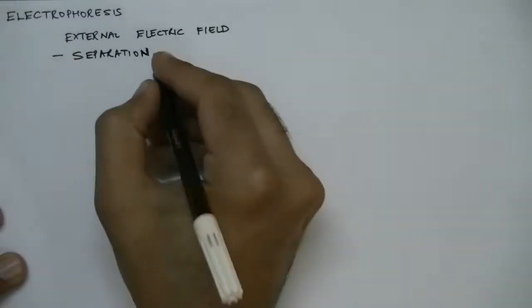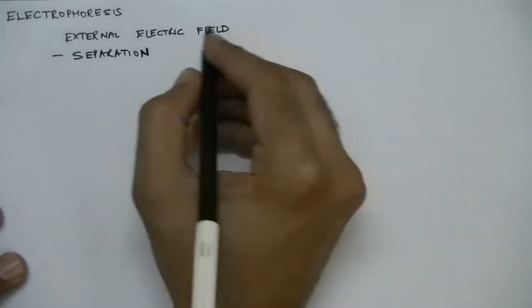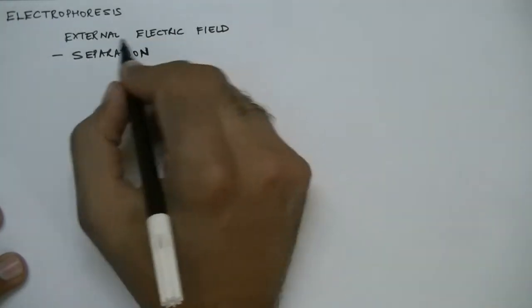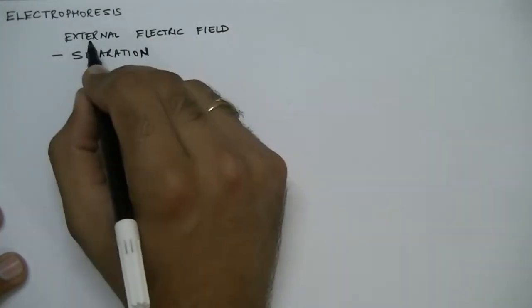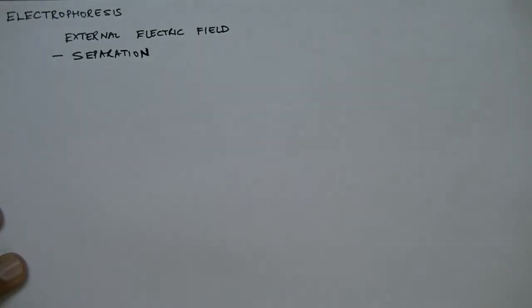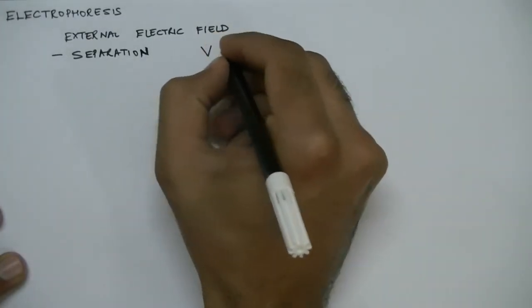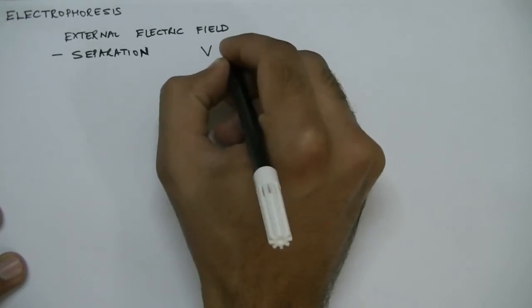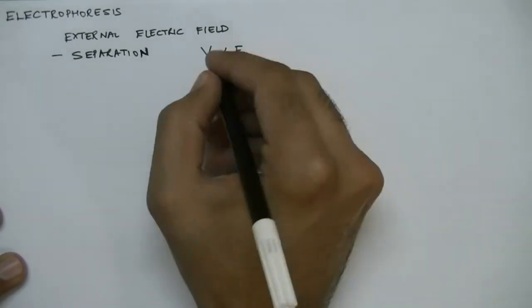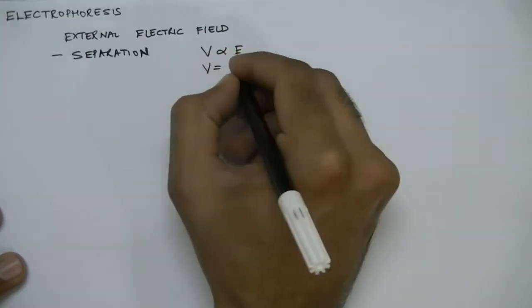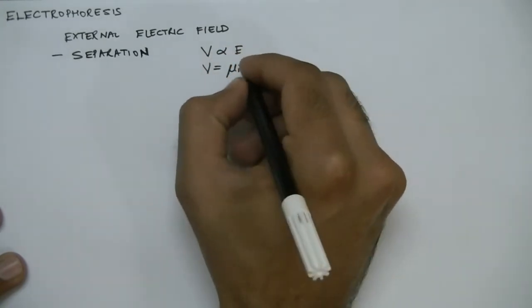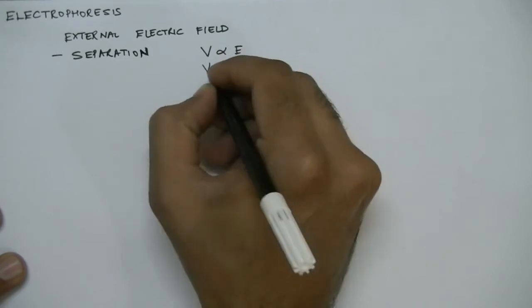is enabled because these charged particles move at differential velocities under the effect of an applied electric field, and the velocity or the speed of the ions is proportional to the electric field, and the proportionality constant differs from one charged species or ion to the other.